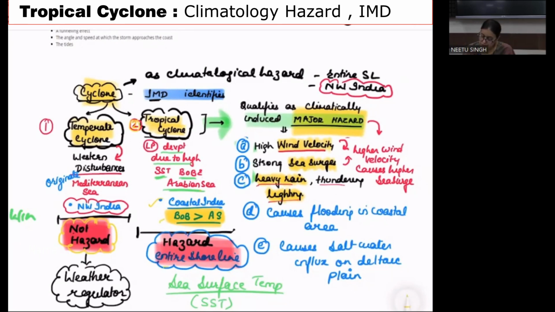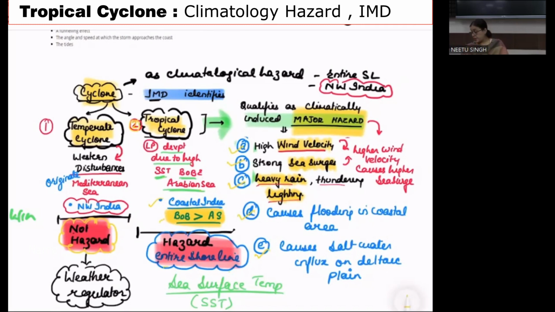It is tropical cyclone that qualifies as climatically induced major hazard. Why? Because of high wind velocity, strong sea surges, heavy rainfall, thundering lightning, causing flooding in coastal area, and cause of sea salt water influxing in the deltaic plain.